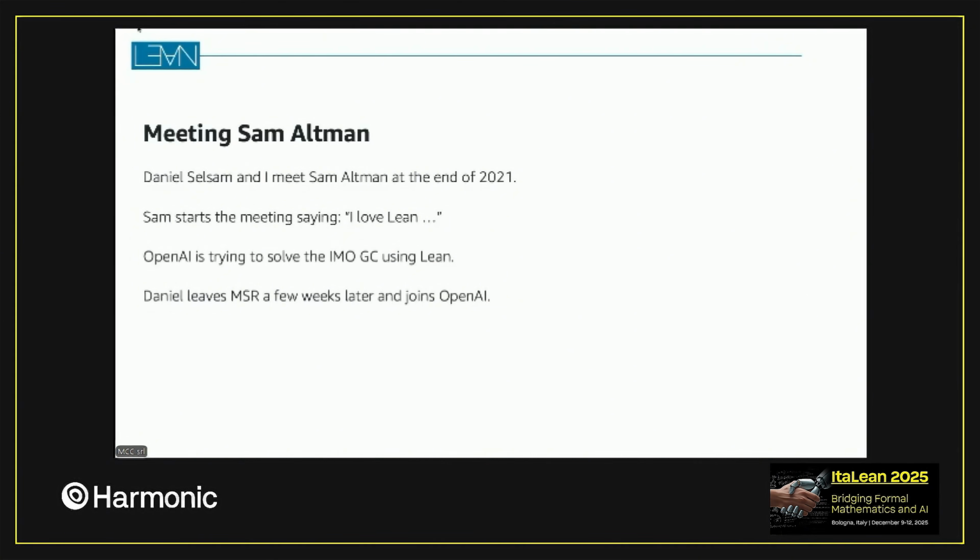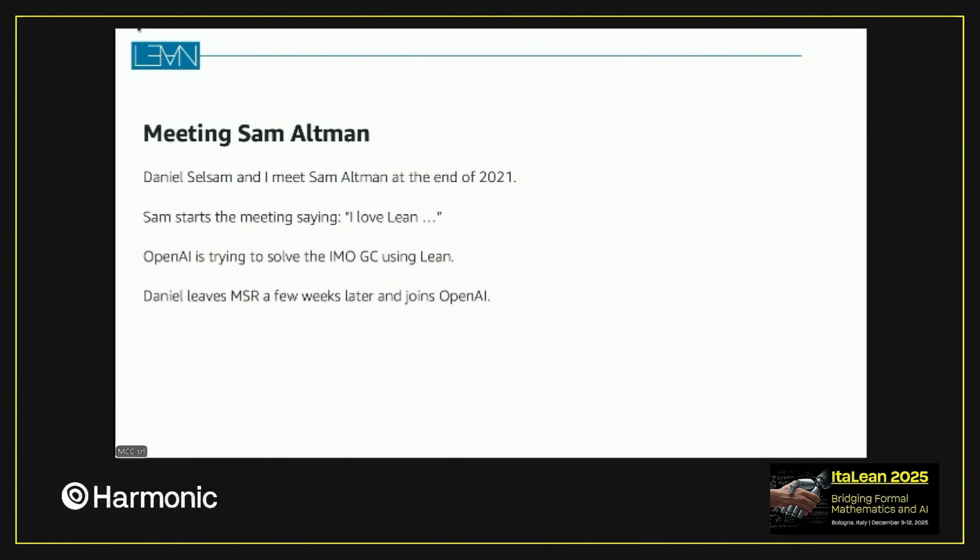But Sam also makes clear he only cares about AI. If we create a foundation, he will donate some money, but he will not have a team at OpenAI developing Lean. This is out of the question for him. This is not OpenAI's mission, right?